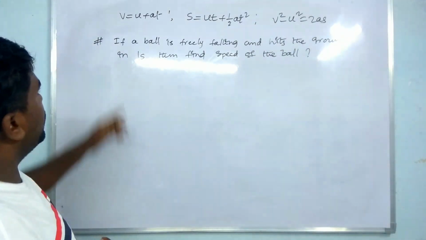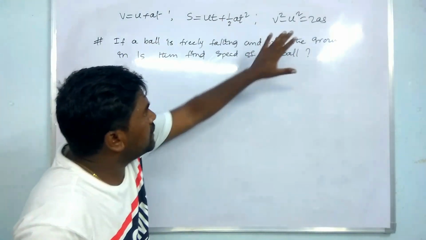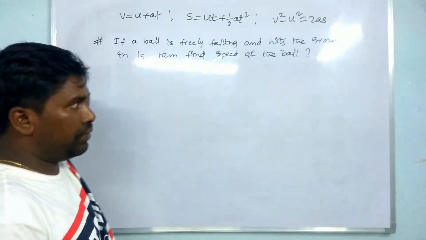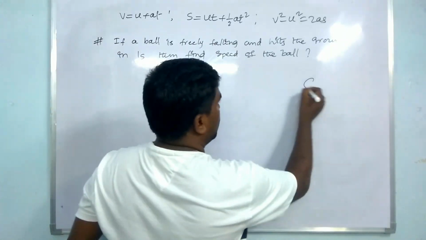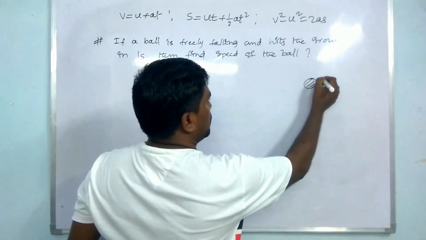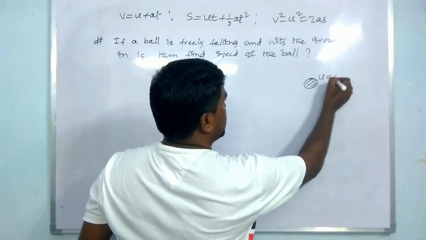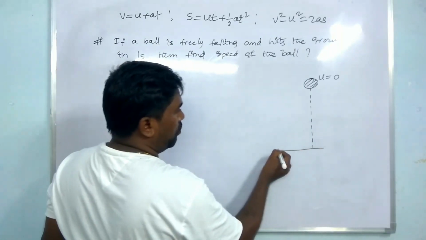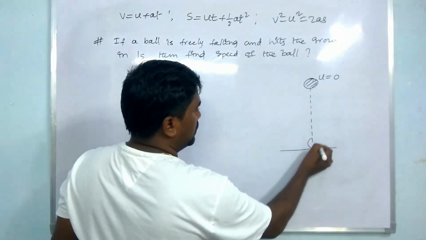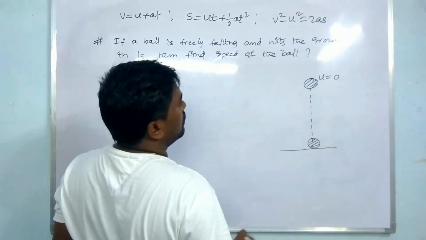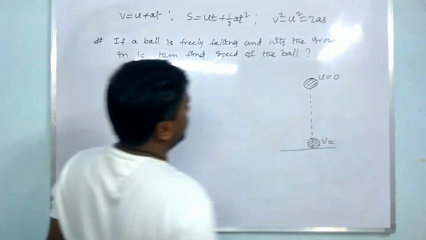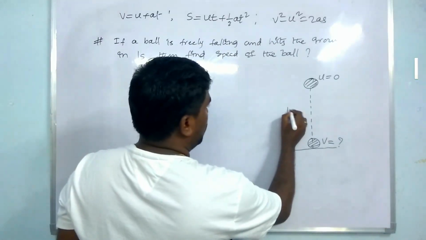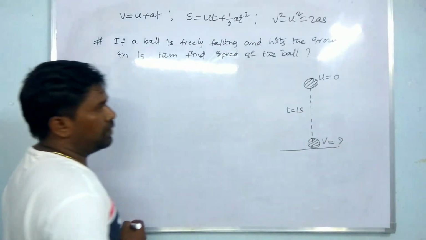Let us think. There is a ball which is freely falling. Freely falling means its initial velocity is equal to 0 and it hits the ground here. Find the speed of the ball. The time here is 1 second.